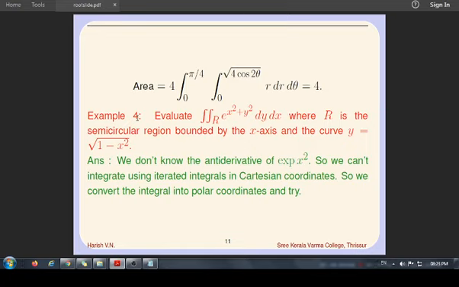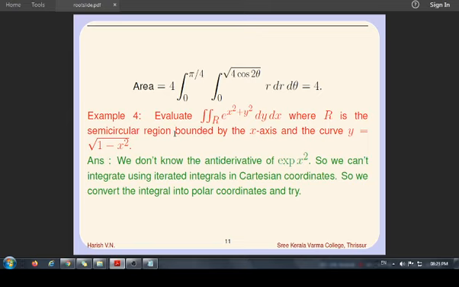And the last example is: evaluate double integral over R of e to the power x square plus y square dy dx, where R is the semicircular region bounded by the x-axis and the curve y is equal to under root 1 minus x square. So what is this region? This region we have already seen in another problem.